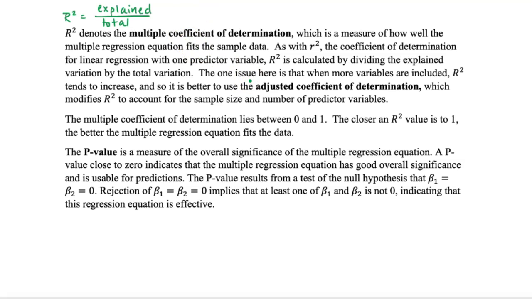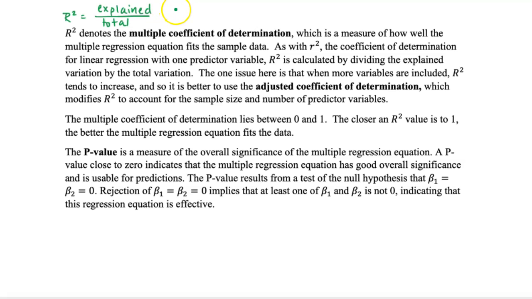And so the issue here is that when more variables are included, so when I have more predictor variables, my multiple coefficient of determination tends to increase. That's because I'm just finding the sum of the explained variation over the total. My explained variation is going to seem like it increases.